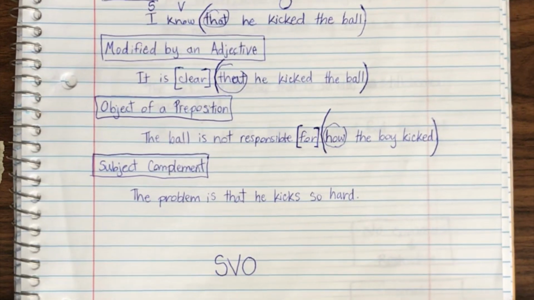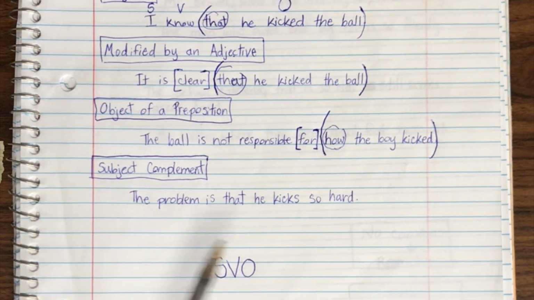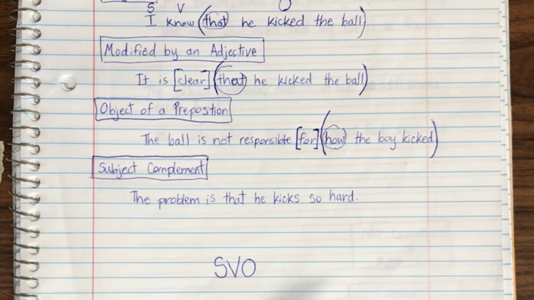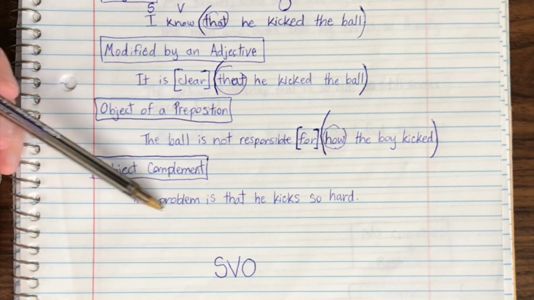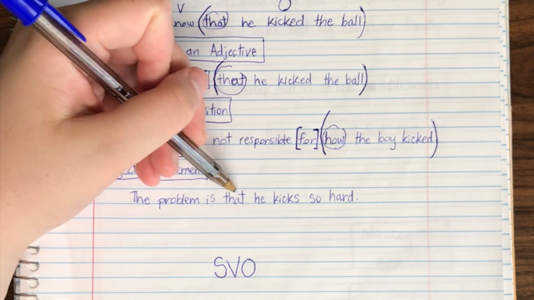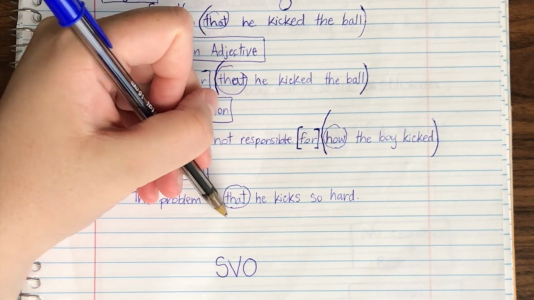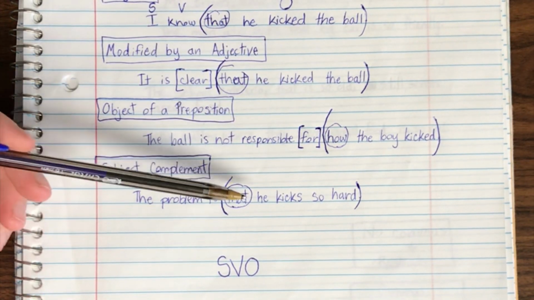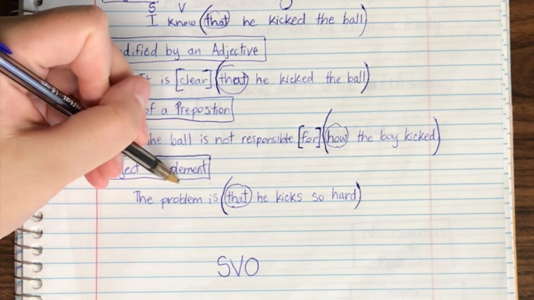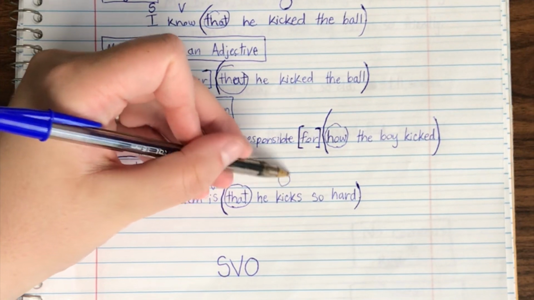The last one is very similar to the object of a verb, but it's called subject complement. So if we find the marker that, the problem is that he kicks so hard. So that's the noun clause. And you would think that this is the object, right? Subject, verb, object.